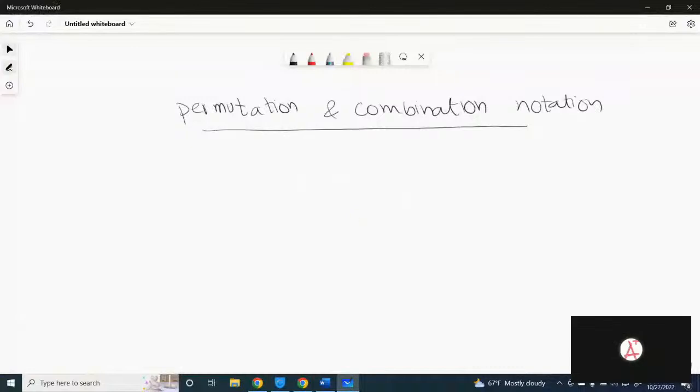So basically in permutations the order matters, and in combinations the order doesn't matter.